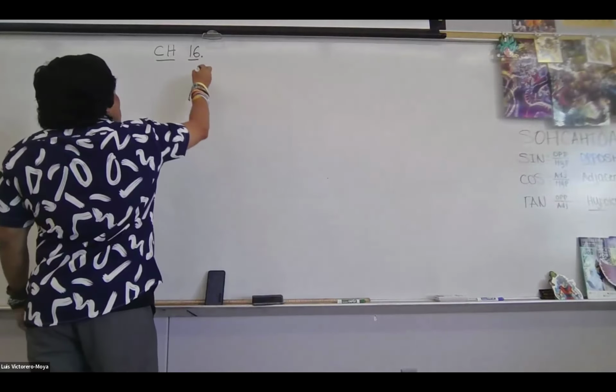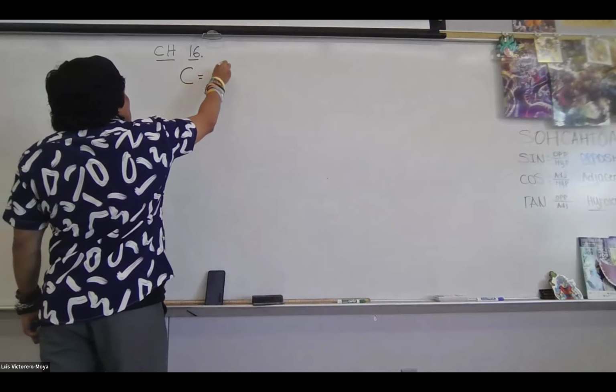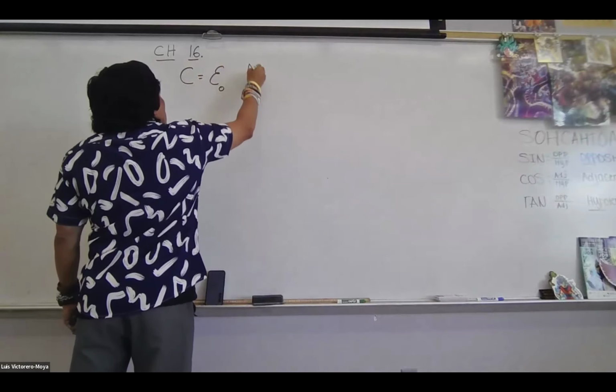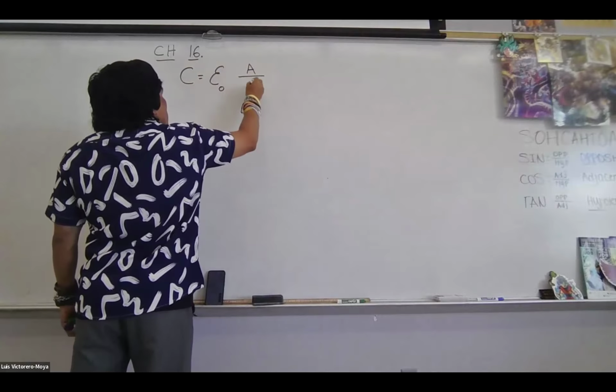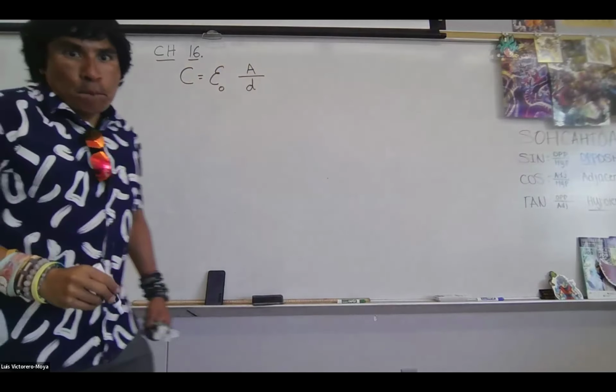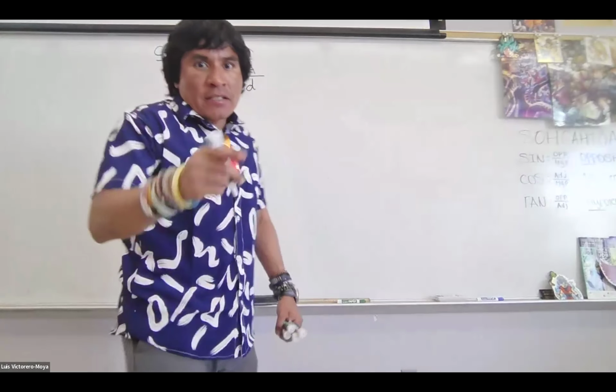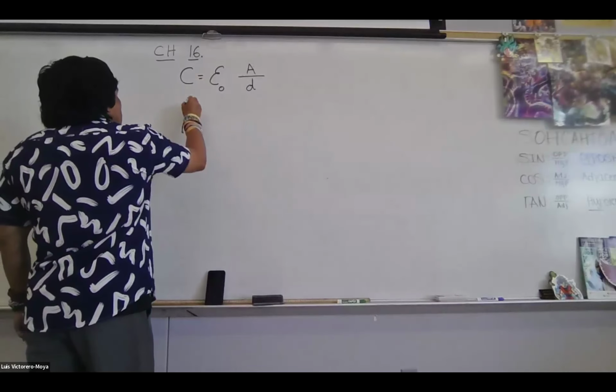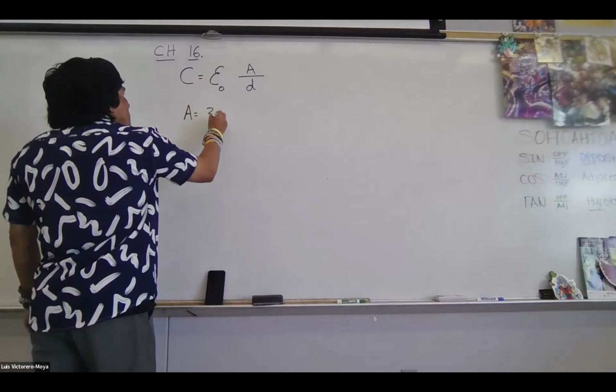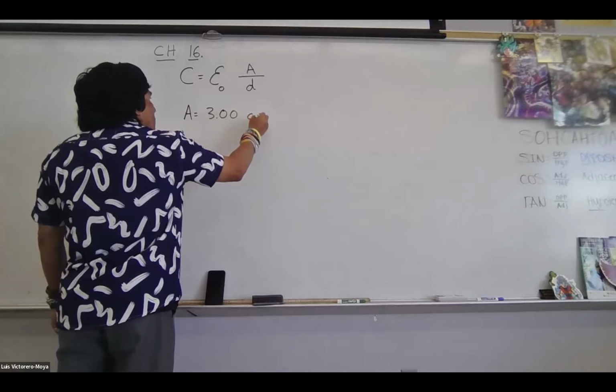For a parallel plate capacitor, the capacitance is equal to epsilon naught, area over distance. The area is 3 centimeters squared.